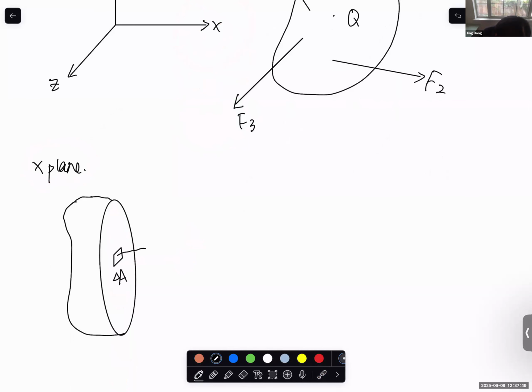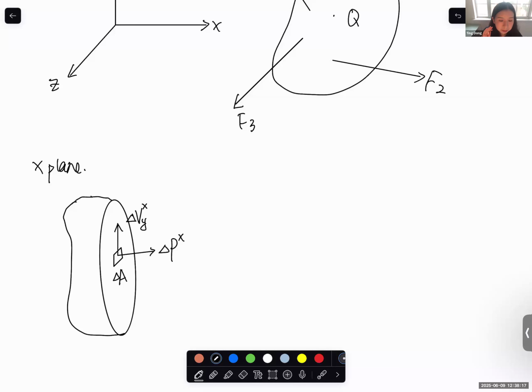And it has force in the x direction. On this small area, I use delta Px. This is the force on this x plane. And of course, it also has shear force on this plane, in the y direction and z direction. This force I call delta V, since we normally use V for shear force. And this is on the x plane in the y direction.